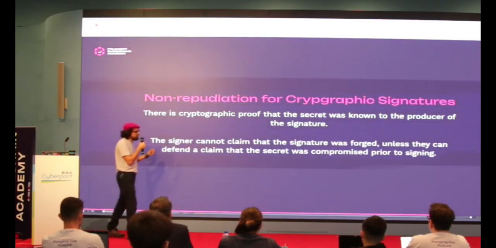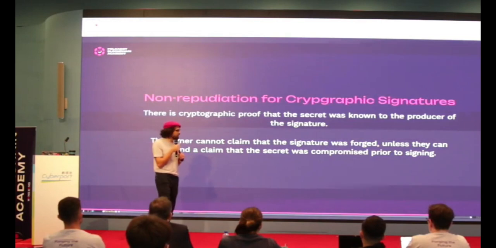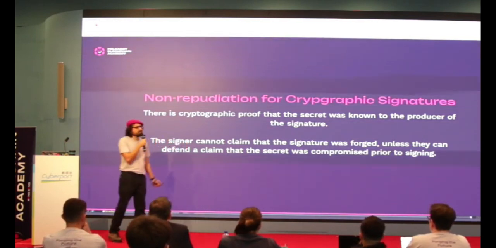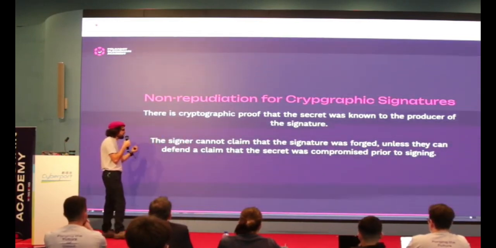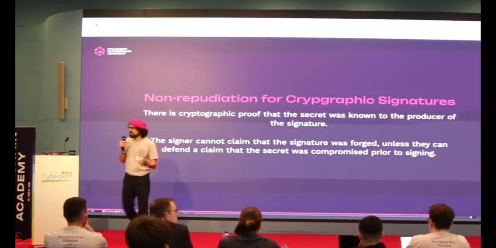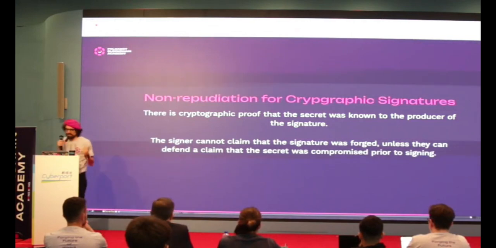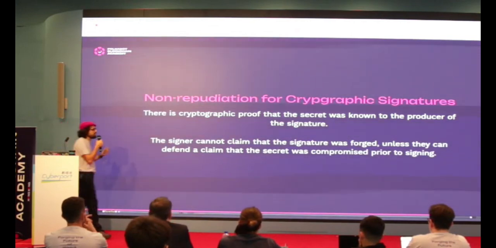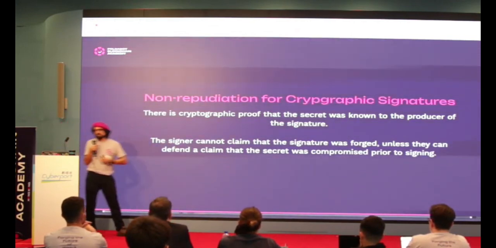So as this point came out earlier, if the only defense I have is to say I lost my secret, somebody has stolen it, I haven't done it myself, you cannot claim that this secret has not generated this signature.